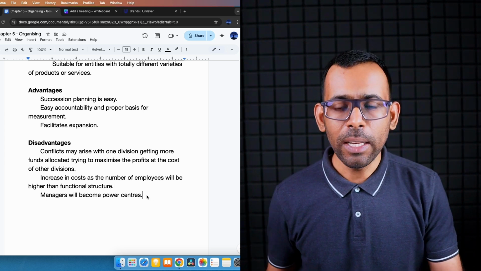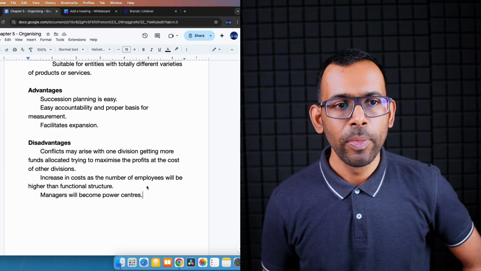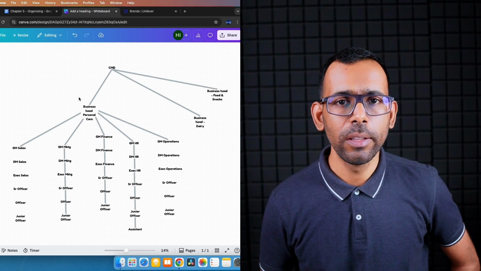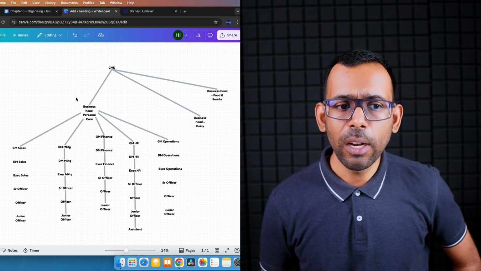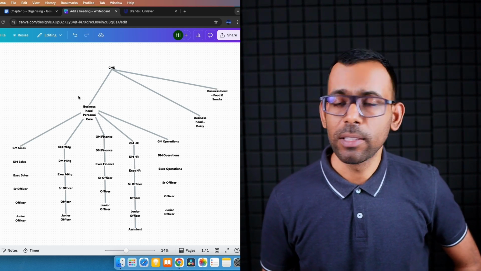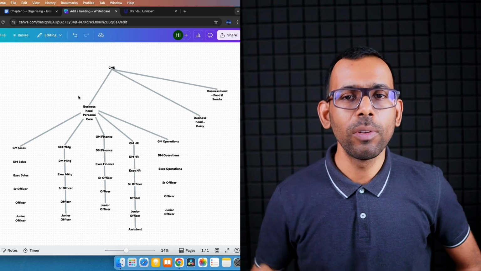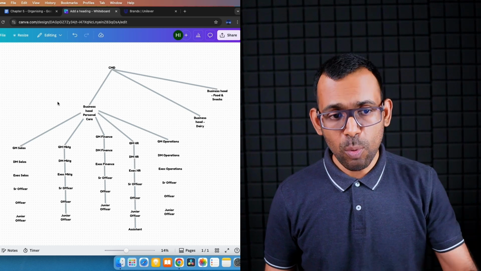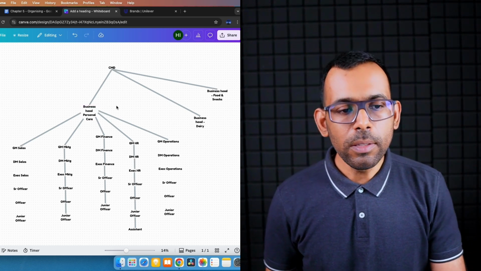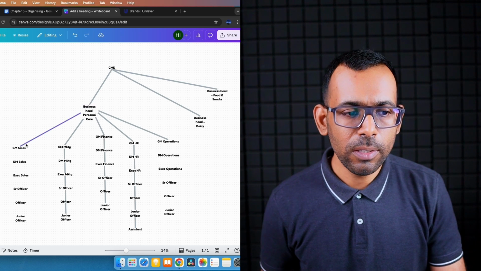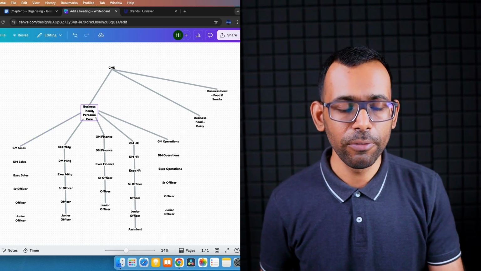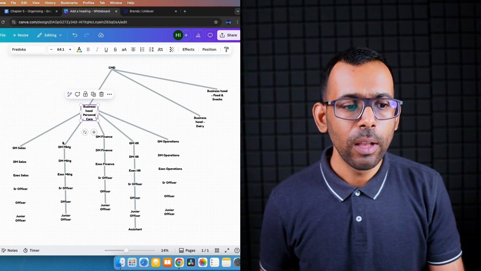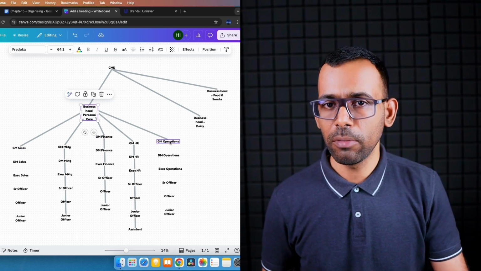And finally, managers will become power centers. Now, this is quite contradictory to the first point we discussed in the advantages section, which talked about succession planning. It is easy to find the next successor. But the downside to that advantage is, since every business head functions similar to a managing director himself, like I said, a business head has to control all the different functions inside that division.